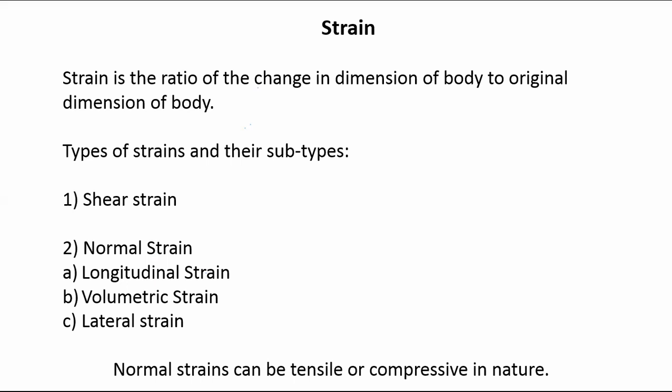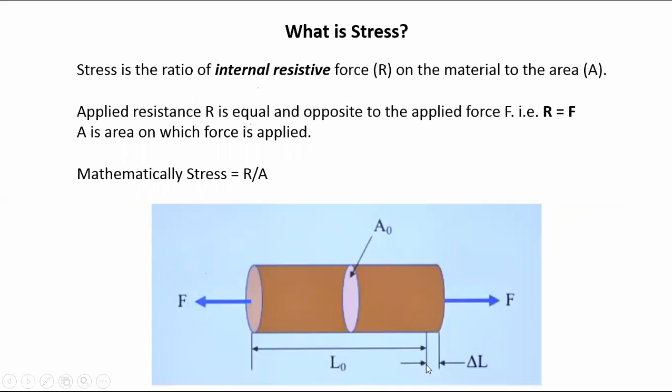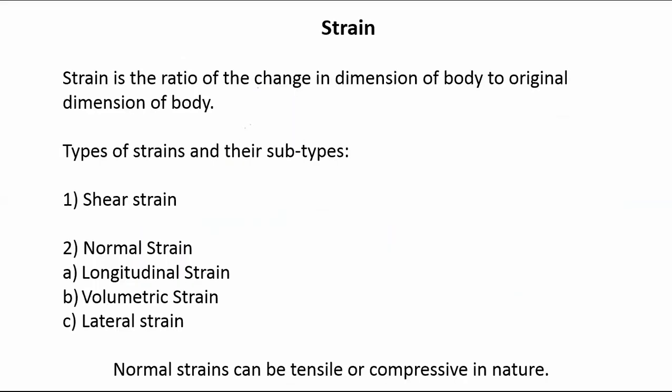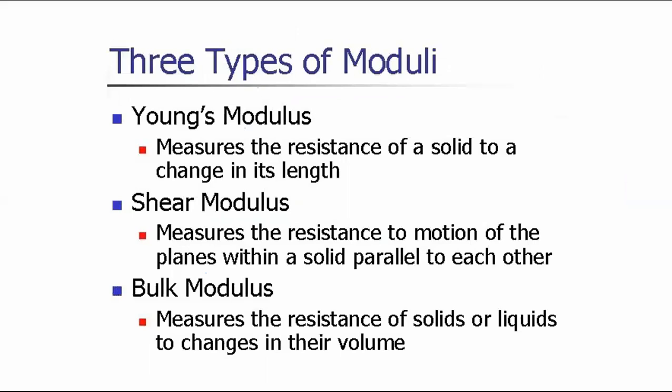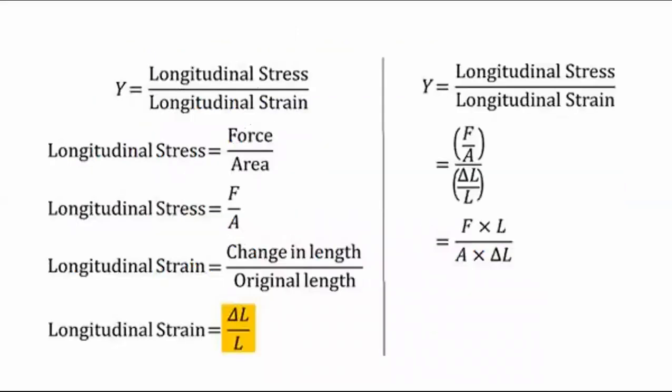When we apply forces, let us say in this diagram, if delta L is the elongation after applying force F, then delta L divided by L will be equal to the strain, and that will be a longitudinal strain. Here, let us say this is the longitudinal stress, force upon area, F by A.